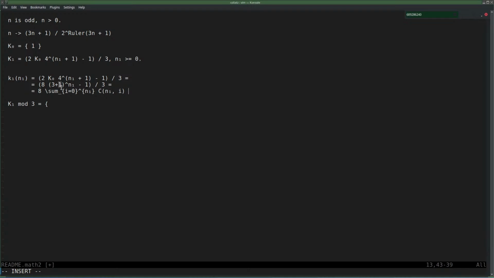But b is 1, so the power doesn't matter and we don't have to write it. And I just have left 3 to the power, and let's write that as n1 minus I.